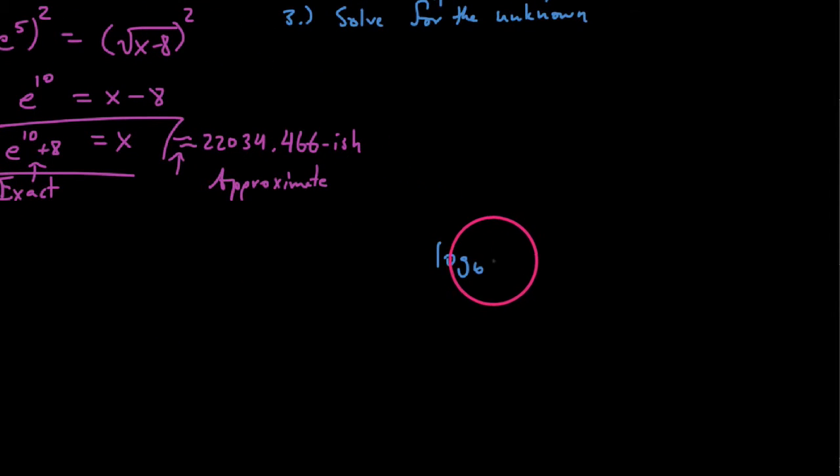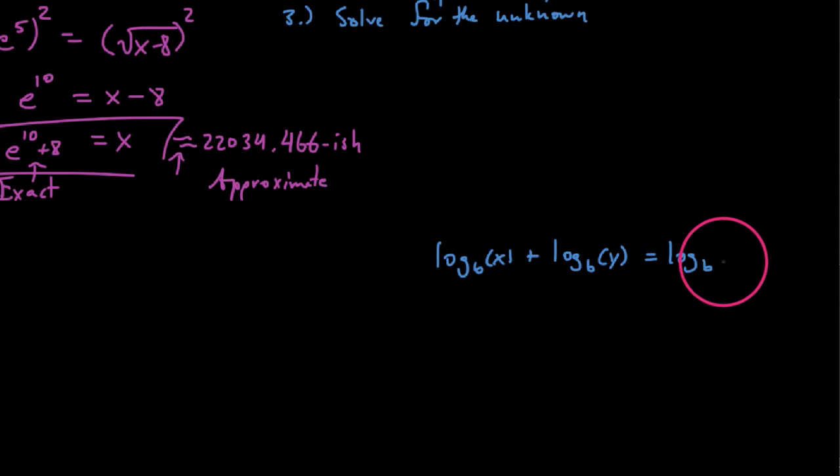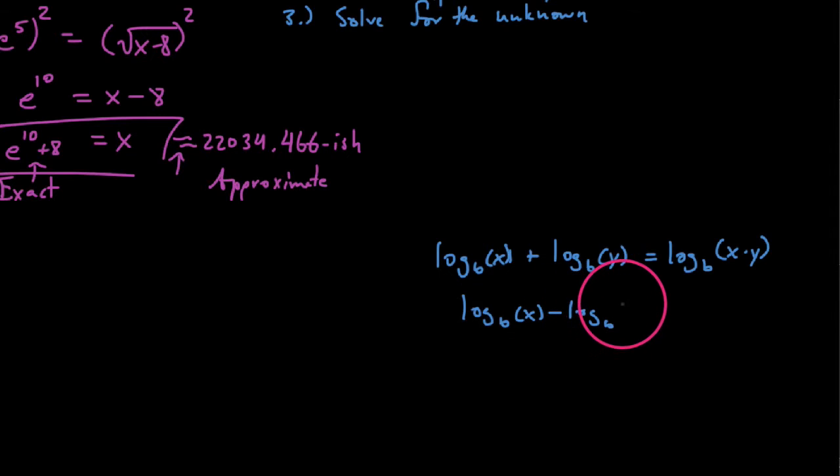If we have log base b of x plus log base b of y, I'm just choosing letters here, but the bases are the same, we'd say this is a single log base b of the product of those 2 things that you see in these arguments here. And then likewise, log base b of x minus log base b of y would imply division is going on. So we say log base b of, and order matters here, x over y.